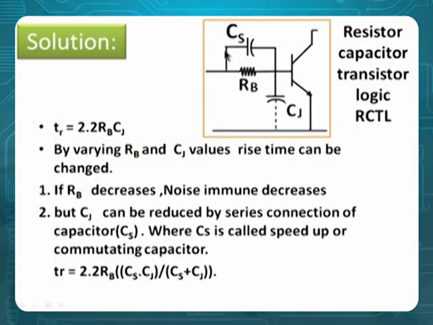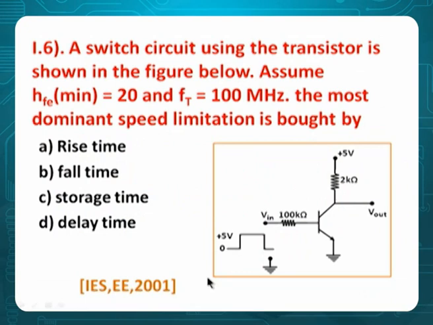By adding a capacitor, we get resistor capacitor transistor logic, RCTL, which is faster than RTL. Now the effective time constant becomes 2.2 into RB into CS Cj by (CS plus Cj). That's how we can reduce the time constant.